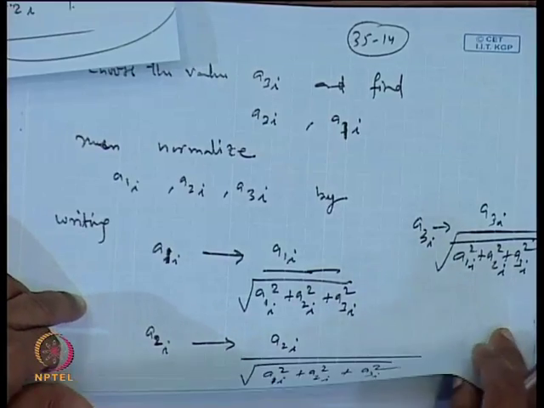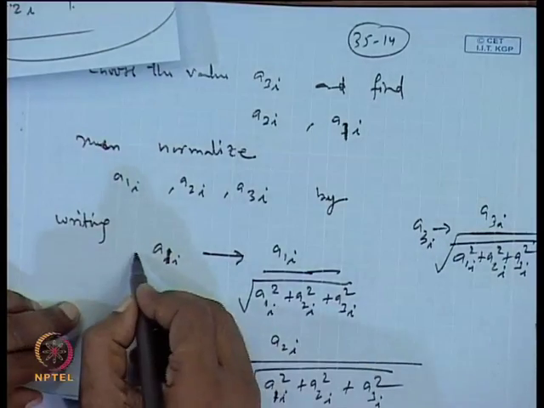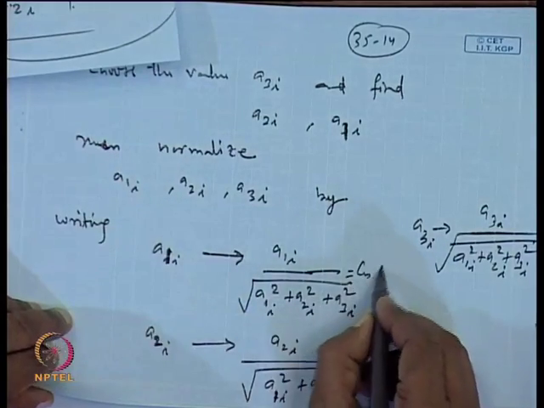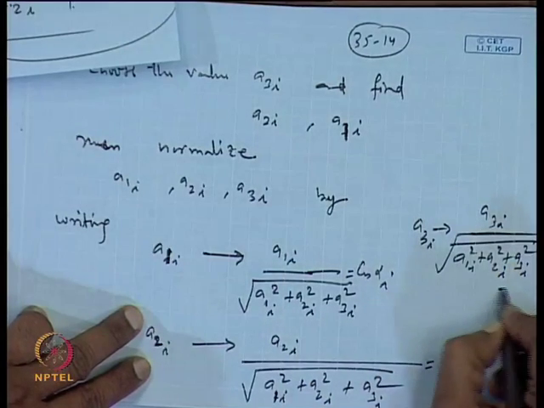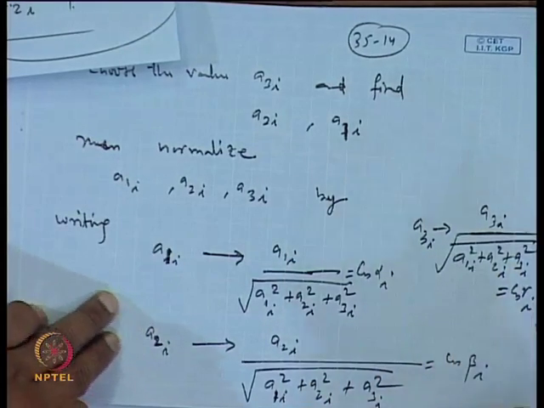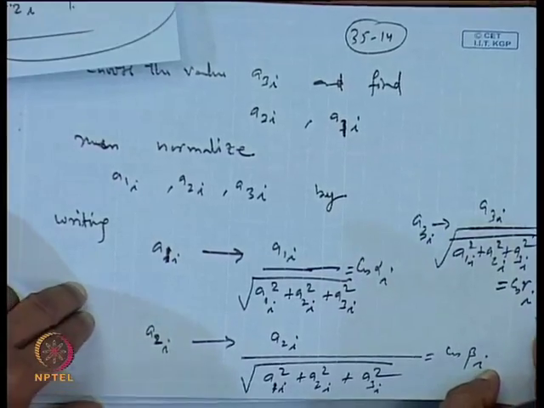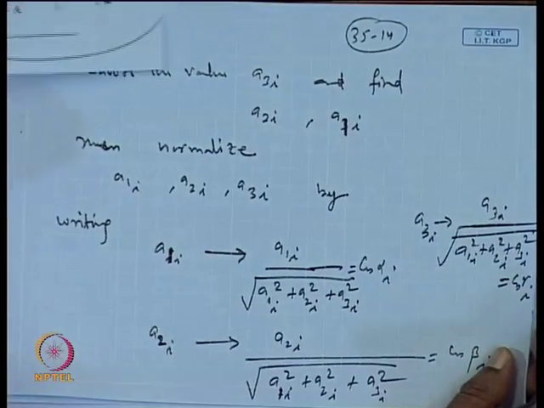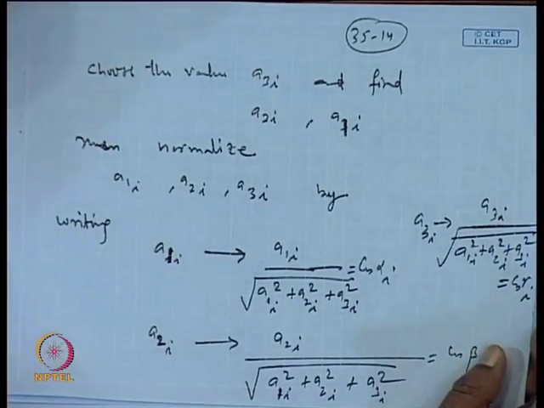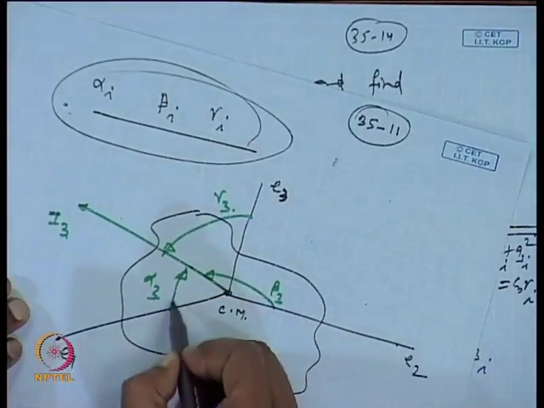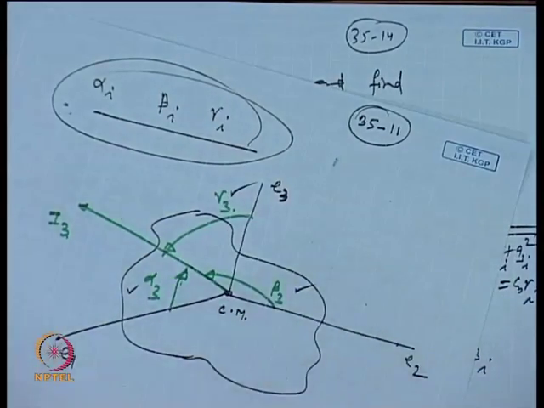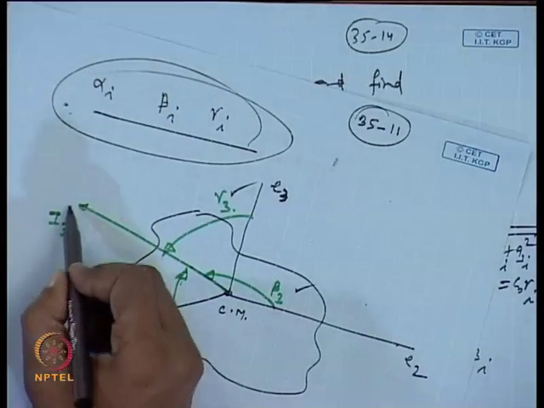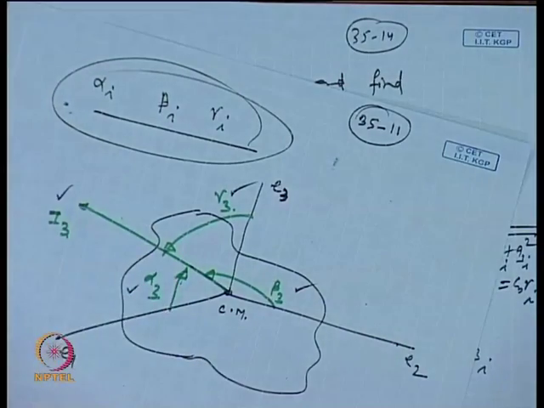So, these three quantities are nothing but your cosine quantities, cos alpha I, cos beta I, and this quantity is cos gamma I. Once these values are known, these three angles get located. So, this way you have located one principal direction, the I 3.